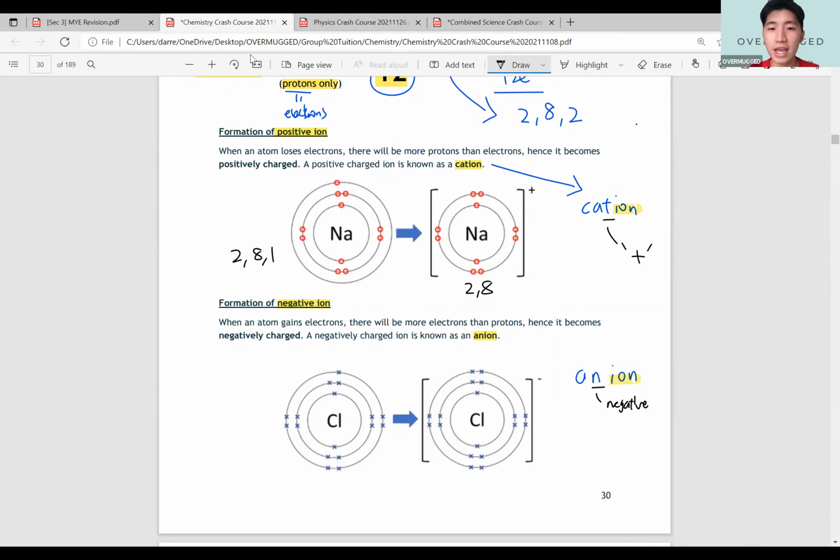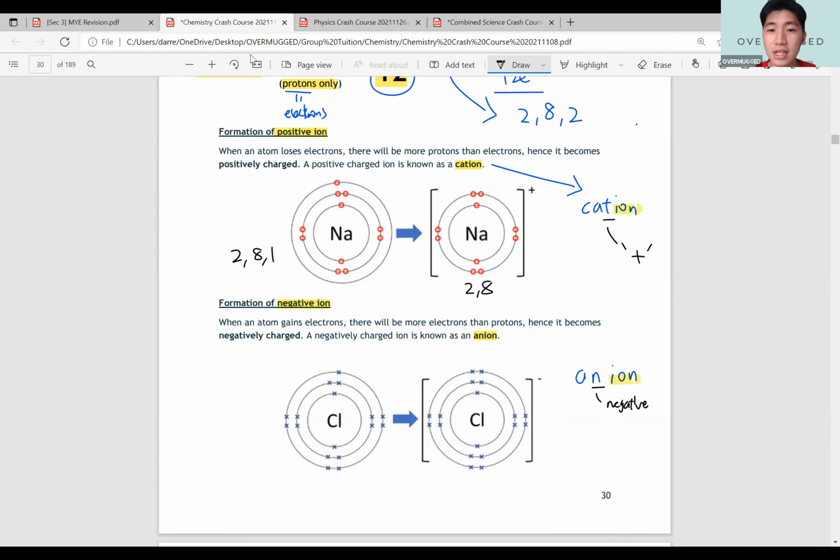Meaning, if I only have 1 electron on my outermost shell, there's 1 extra, right? So what do you do? You cut away that. You make sure that you give away the electron. So nice, right? You have 2, 8, and each shell is fully filled. So now sodium is like, wow, I'm happy, right? From 2, 8, 1, now very clean cut, I become 2, 8.